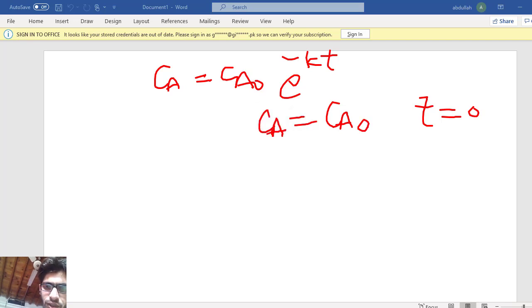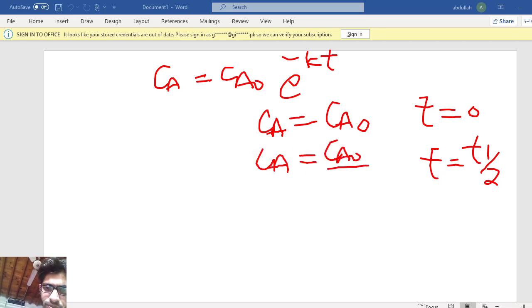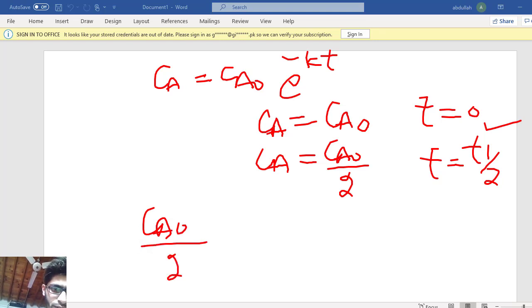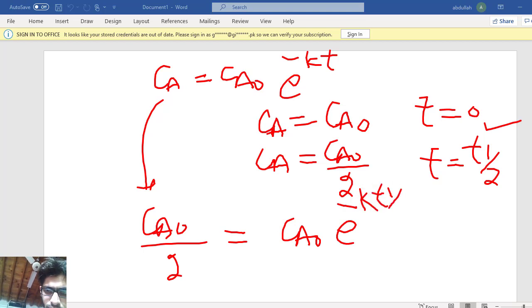At time t equal to the half-life, t one half, CA will become half of the initial concentration, CA naught divided by 2, which is equal to CA naught e to the power minus k t one half.